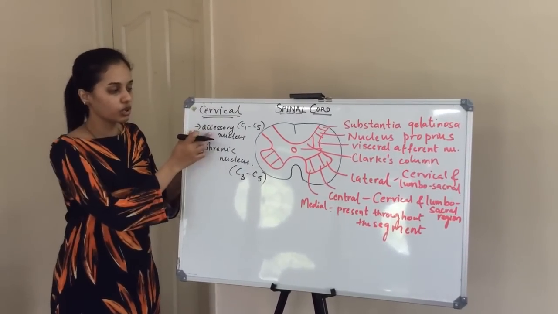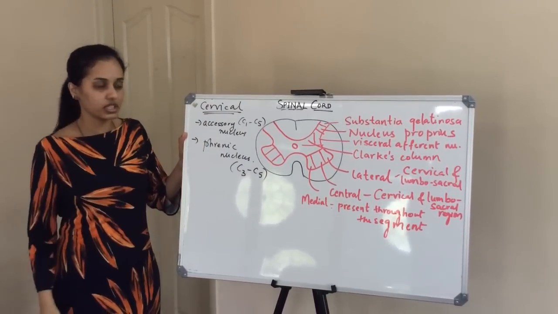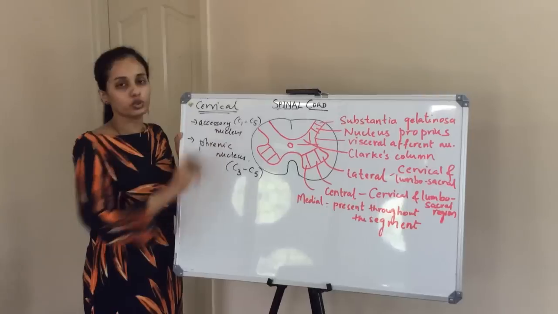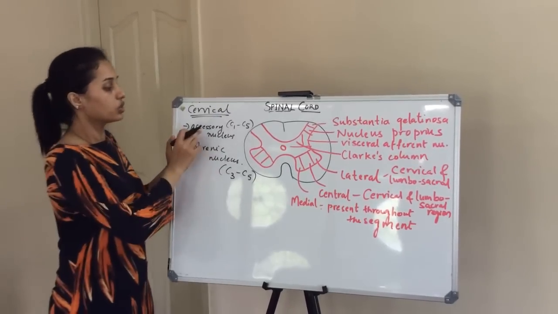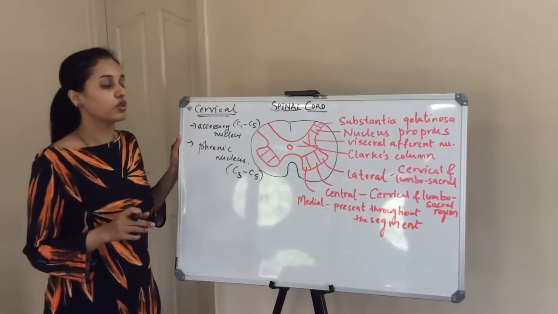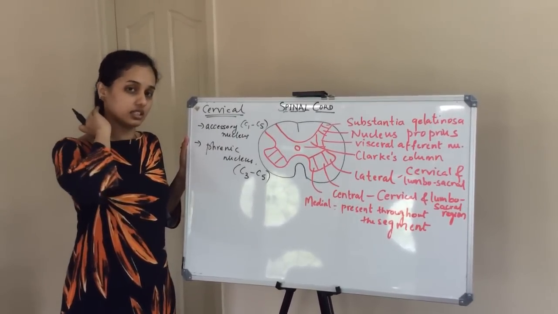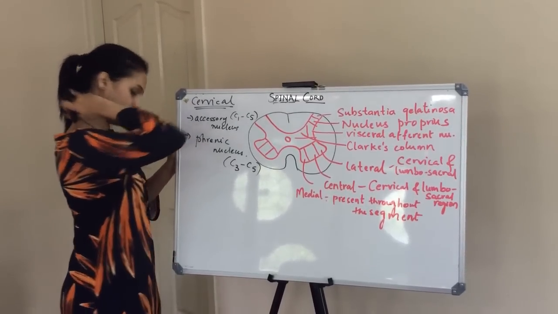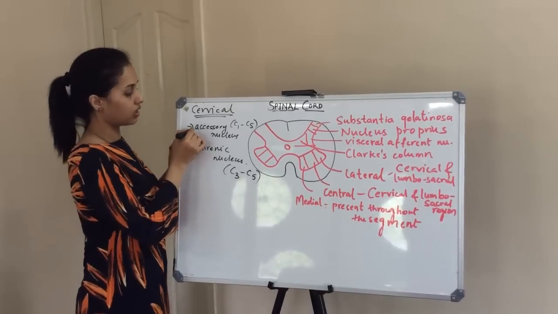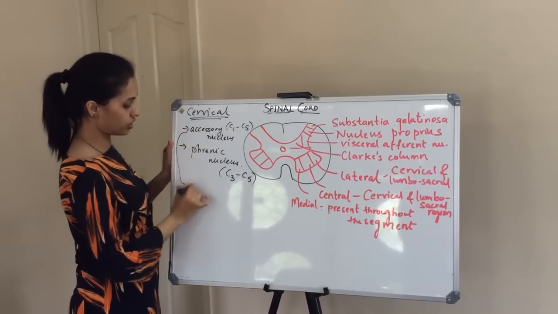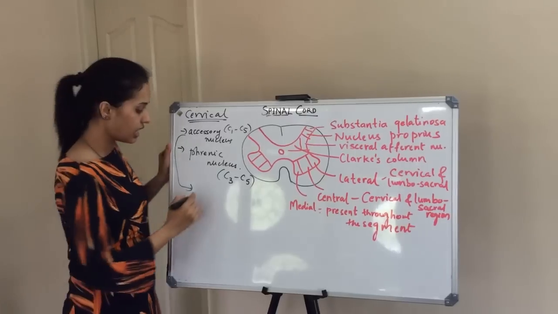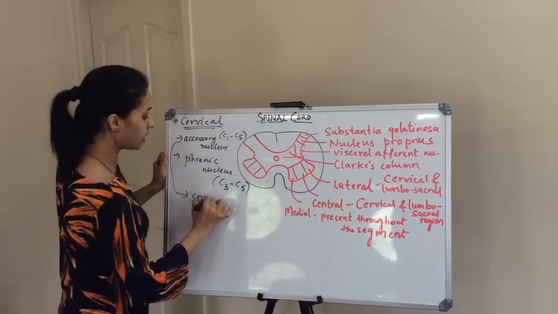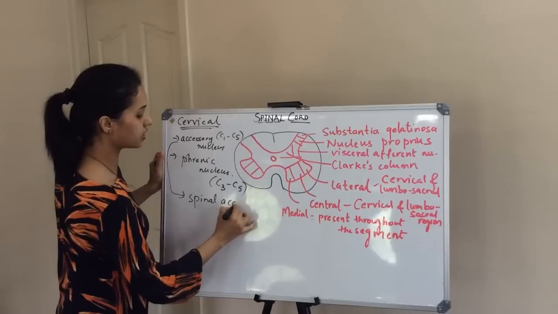The accessory nucleus, these cell bodies from C1 to C5, are responsible for innervating the sternocleidomastoid and the trapezius. The axon fibers originating from these nuclei are called the spinal accessory nerve.